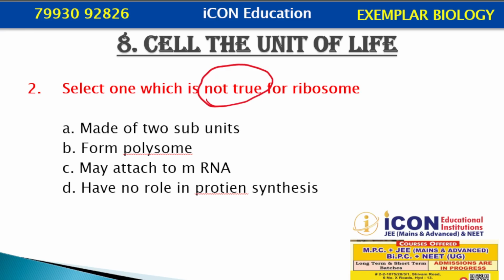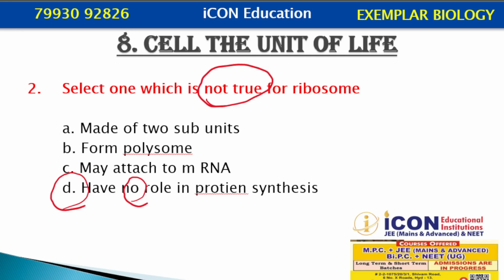They are responsible for assembling amino acids into functional protein chains. If you look at option 4, they have no role in protein synthesis. This is a wrong statement. Option D is a wrong statement.